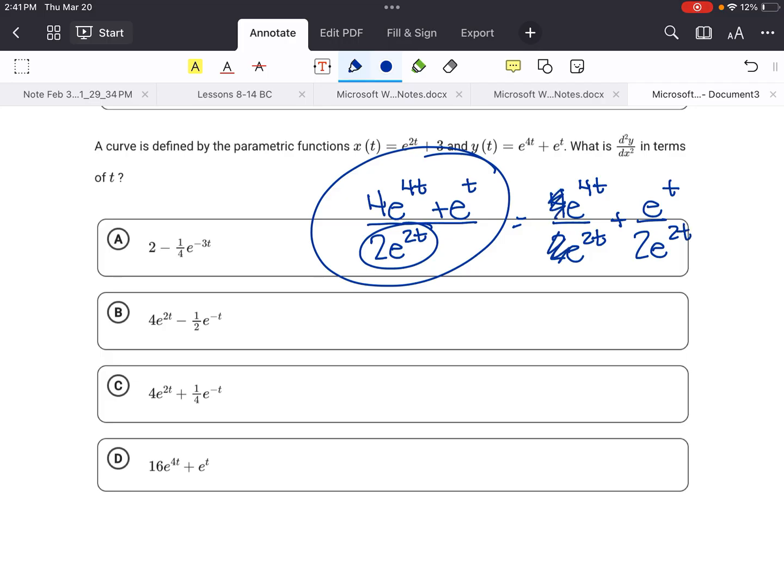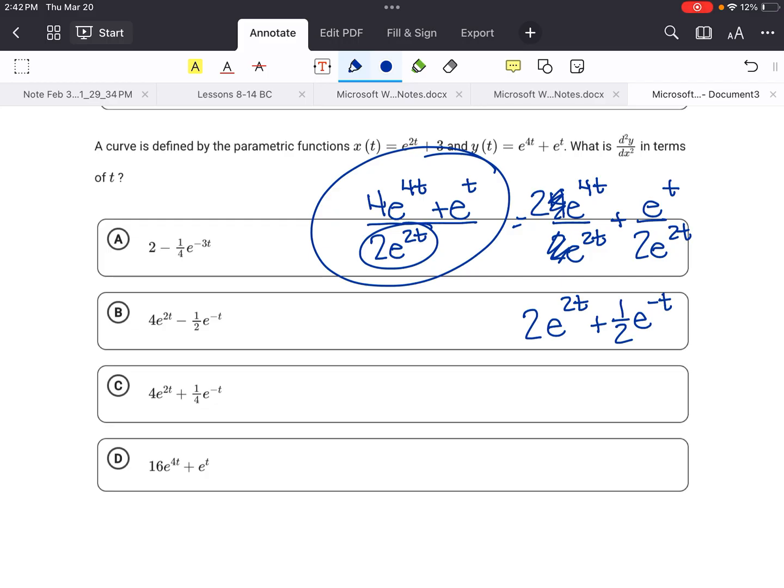So I can simplify and get 2. Subtract the exponents. 4t minus 2t is 2t. And then that would be 1/2. E to the 1t minus 2t would be negative t.